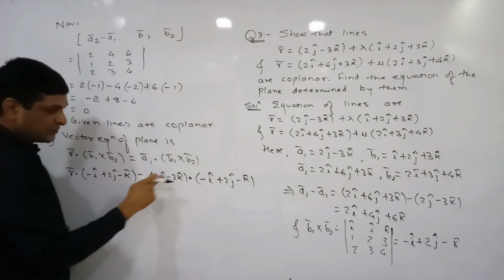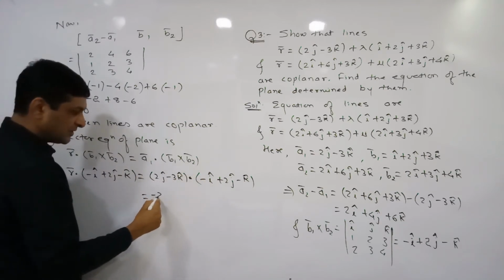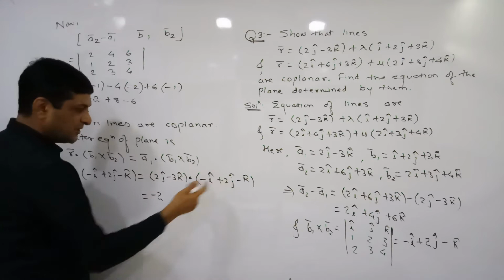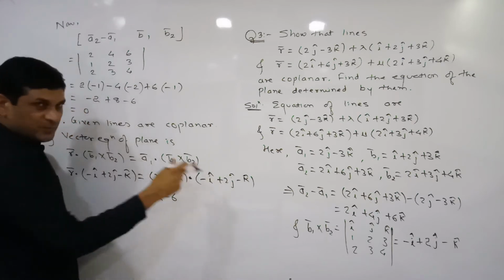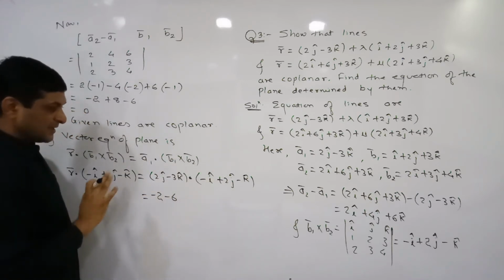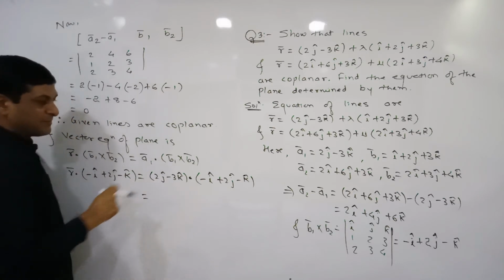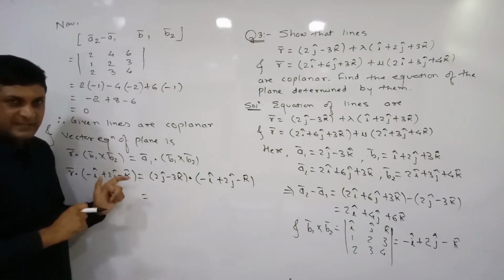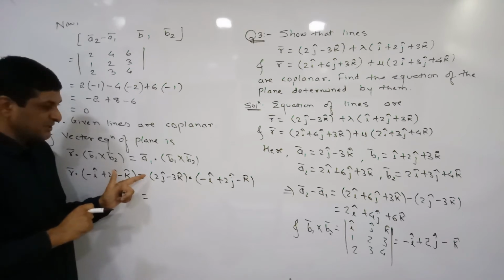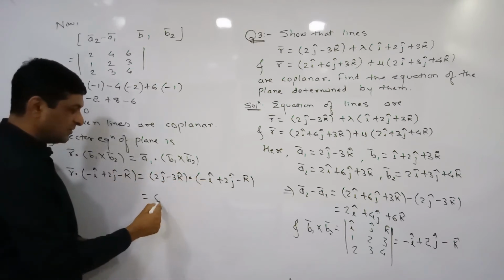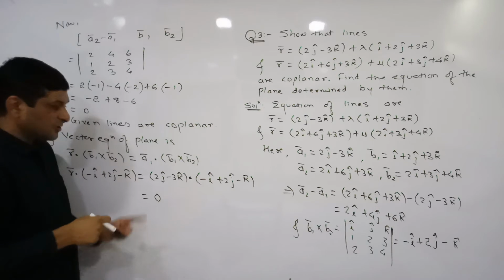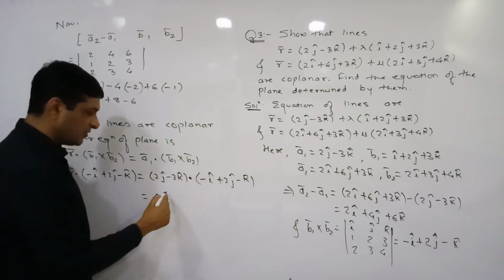So here 2 into minus 1 is minus 2. Then minus 3 into 2 is minus 6. Simply we are taking the dot product of these two vectors. Here, the term of i cap is missing, which means 0 i cap is there, so 0 into minus 1 is 0. Then take the product of the coefficient of j cap, that is 2 twos are 4.